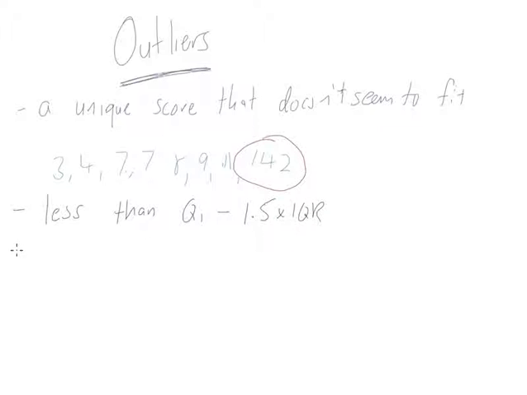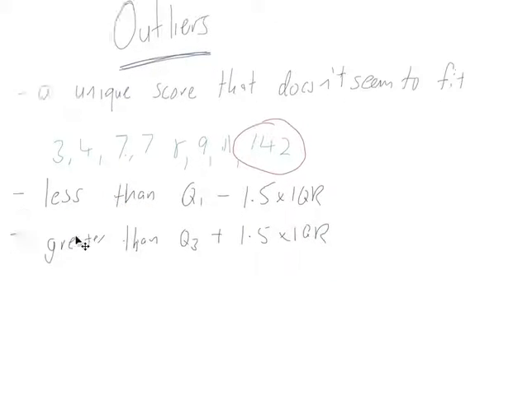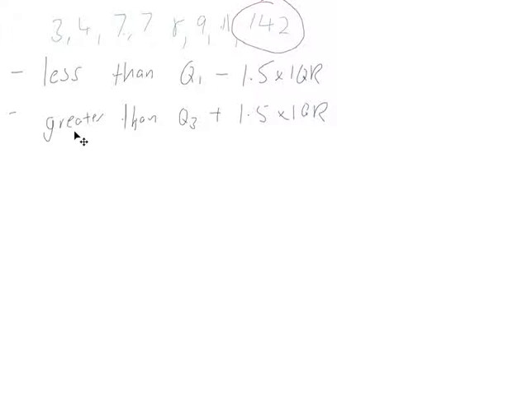We'll do the greater one too: any score greater than Q3 plus 1.5 times the interquartile range. This is the formal definition for outliers. You will see it again and again, and any higher math does certainly use that definition.